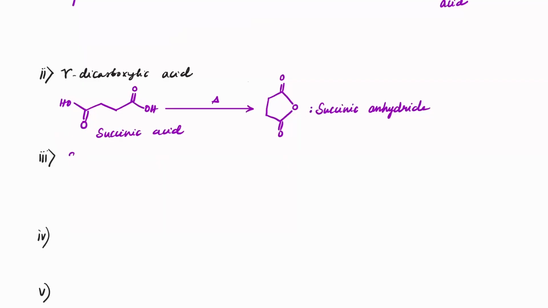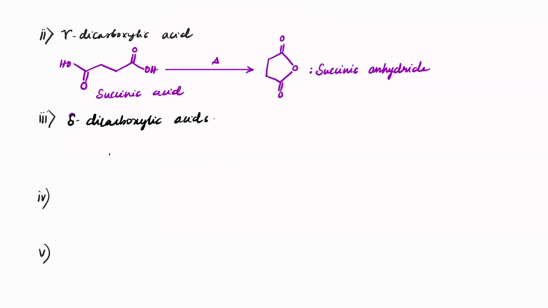Similarly, if you have delta dicarboxylic acids, we will have this as CH2 three times connected to COOH and COOH. What did we call this? We call it glutaric acid.